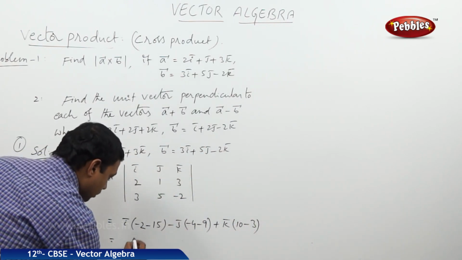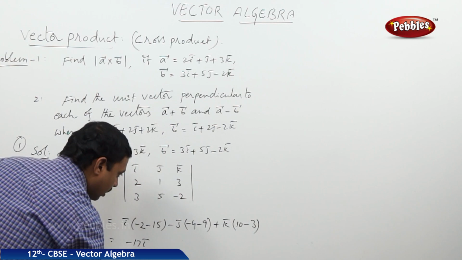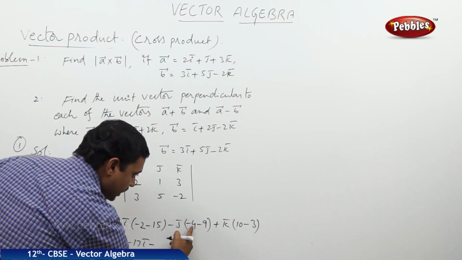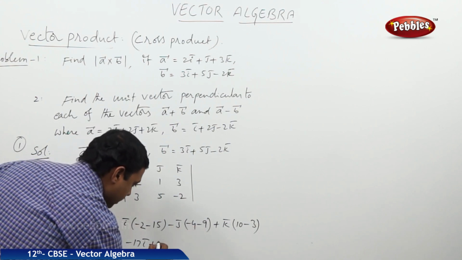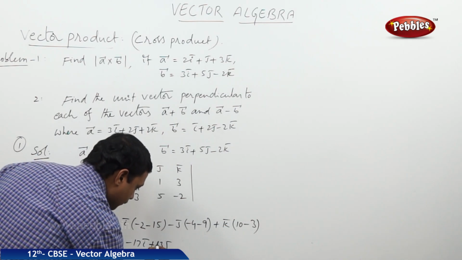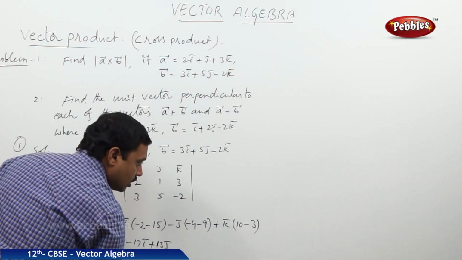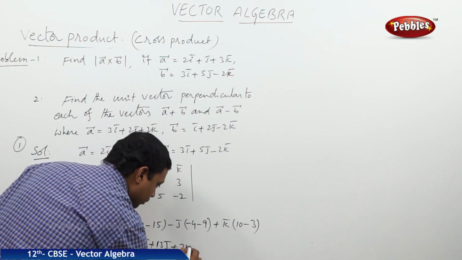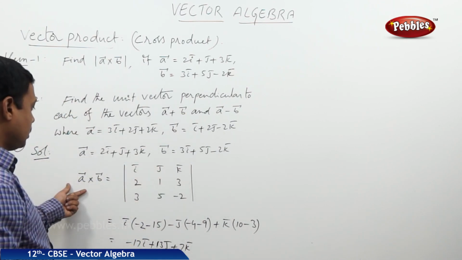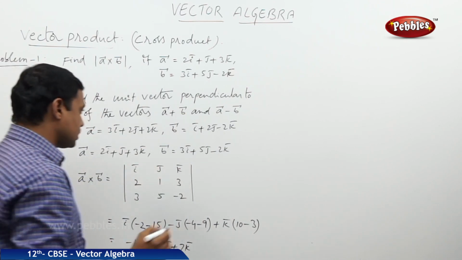Hence it is minus 17 i vector, minus of minus 13, plus 13 j vector, plus 7 k vector. Now this is the cross product of the two vectors A and B.